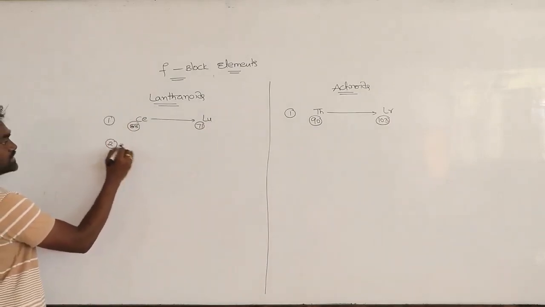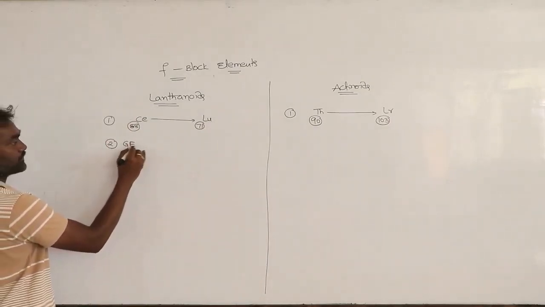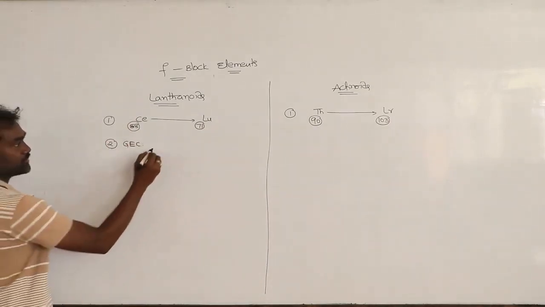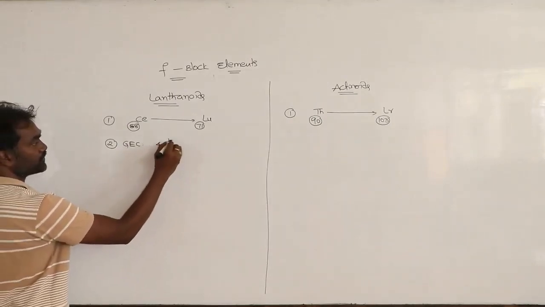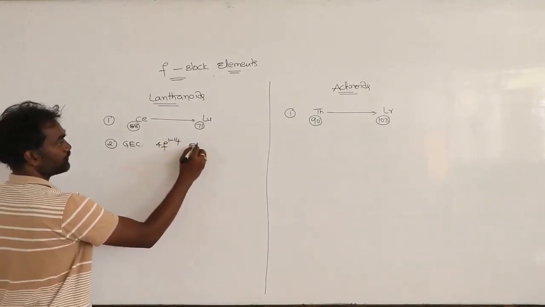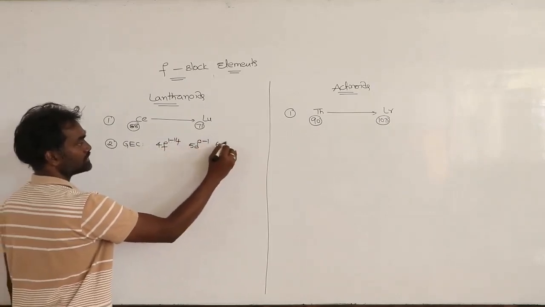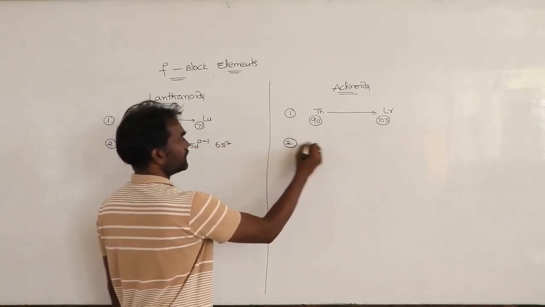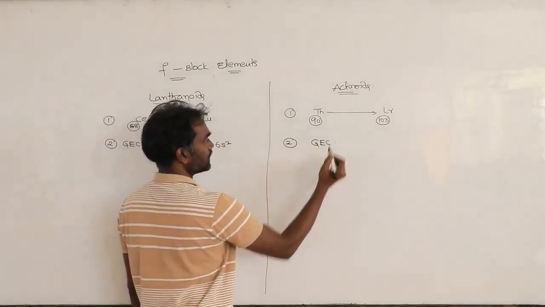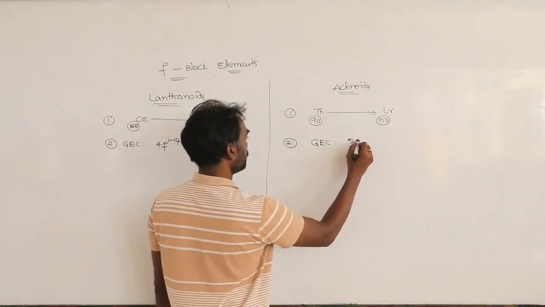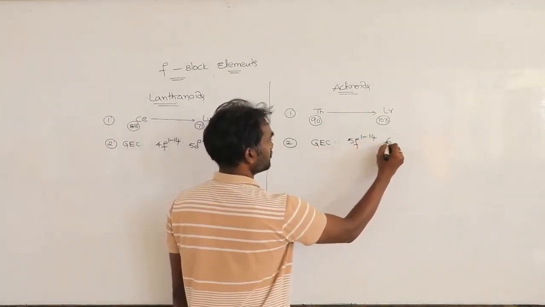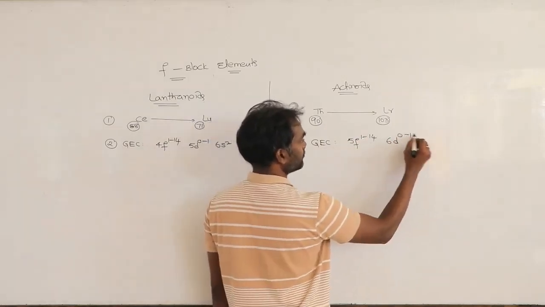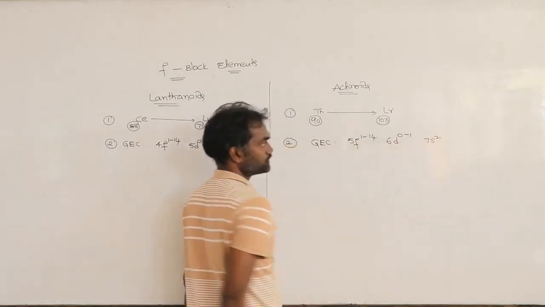Next, what is the general electronic configuration? For lanthanides: 4f 1 to 14, 5d 0 to 1, 6s2. For actinides: 5f 1 to 14, 6d 0 to 1, 7s2.